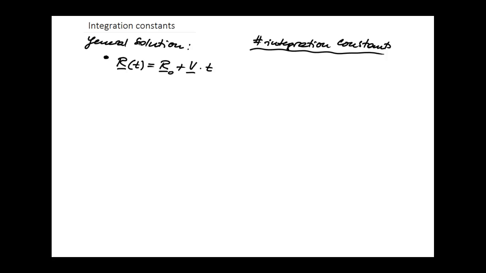In this general solution for the center of mass, there are already 6 integration constants, namely the components of r0 and v. Next, we had introduced cylindrical coordinates, and we had oriented our coordinate system in such a way that the motion is confined to the two-dimensional plane corresponding to z equals 0.